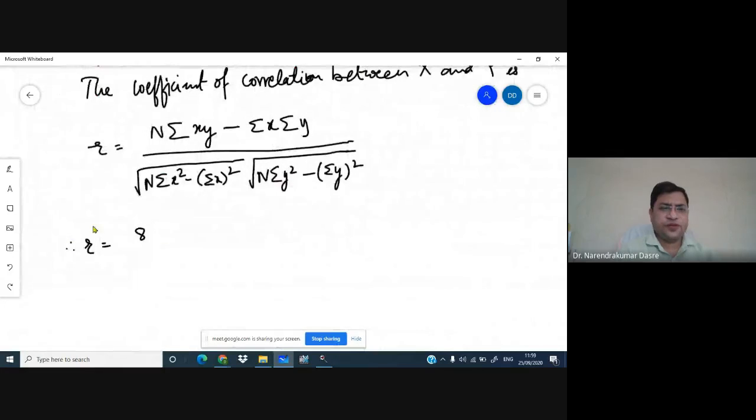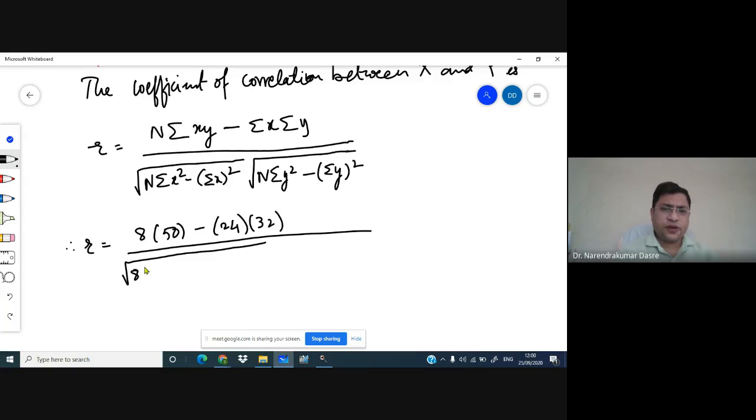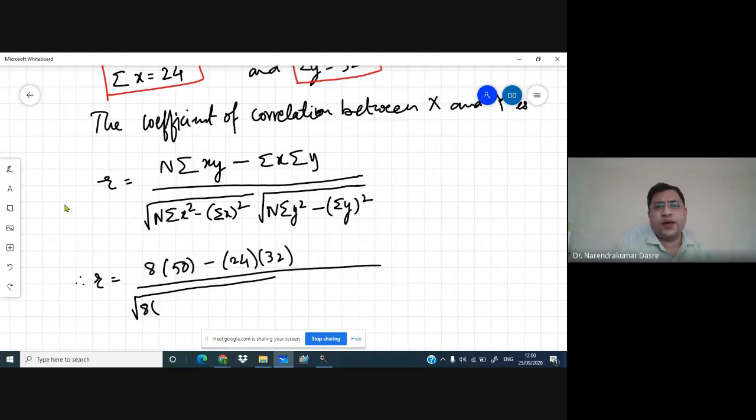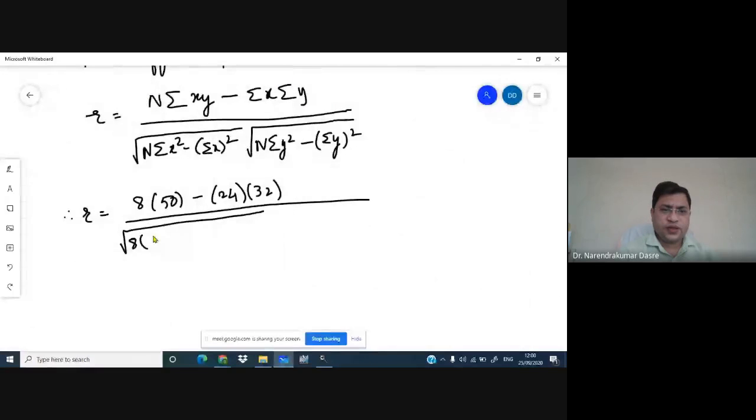So we have 50 minus 24, this 24 and this 32, upon the square root of 8 into summation x square. What is the summation x square? It's going to be 160. So summation x square is 160 minus 24 square.